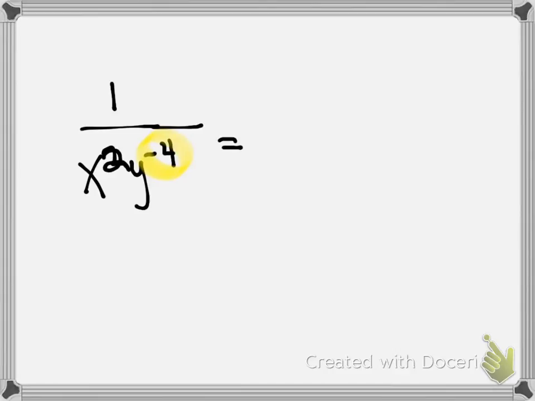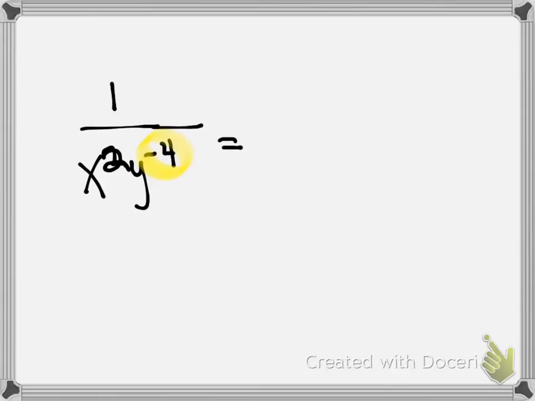So another example of this might be 1 over x squared y to the negative 4th. I don't need to do anything with this x squared because it's already positive. But the negative 4 cannot exist. I have to make it positive. And in order to get an exponent from negative to positive, I move it to the other part of the fraction.